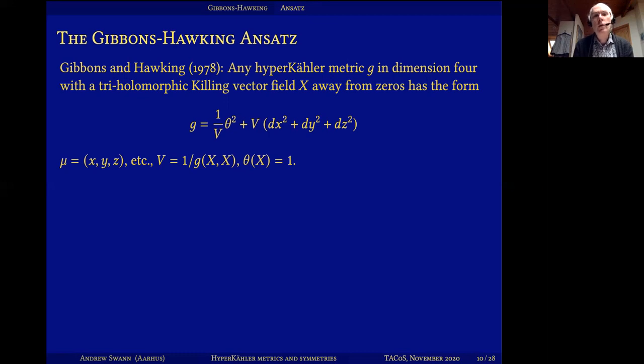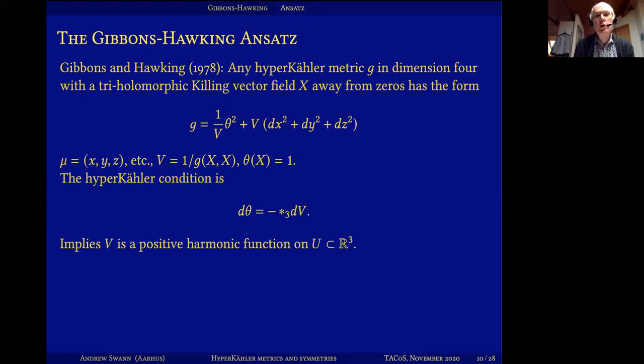And then we see that the metric away from the theta directions is conformally equivalent to the flat metric on R3. So you can write down metrics in this form in general.